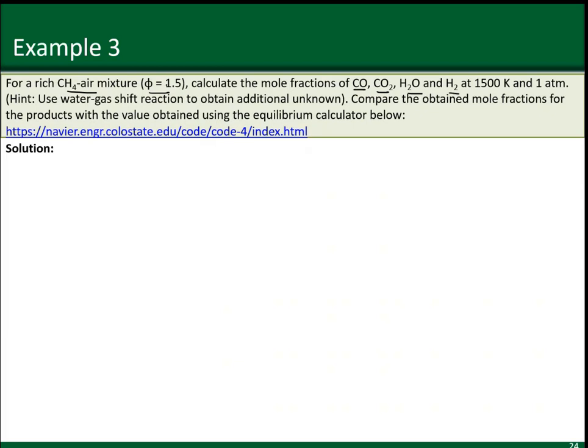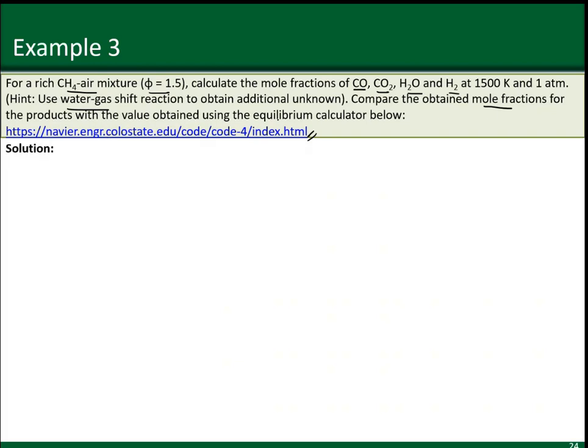And for this purpose, we have been told that we can make use of the water gas shift reaction to obtain the additional unknown. So we'll see what additional unknown the question is talking about. And once we obtain the results, we need to compare the mole fractions that we get from our calculation with the values that you can obtain using this equilibrium calculator below, right on this link. So let's get started with this.